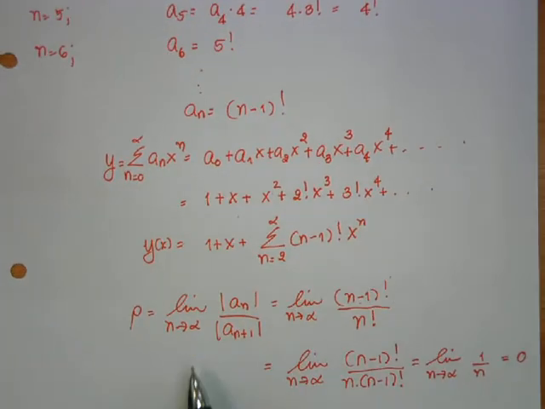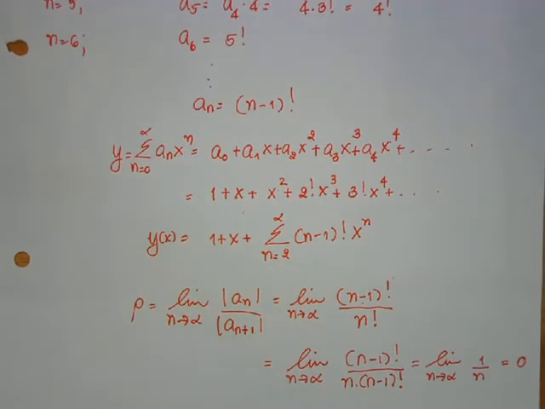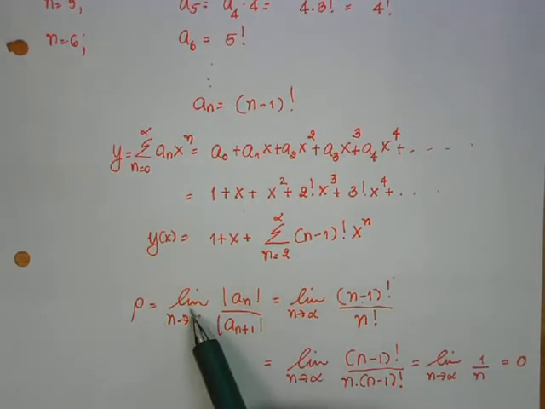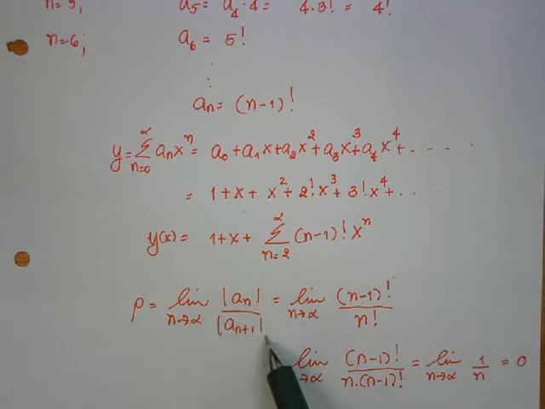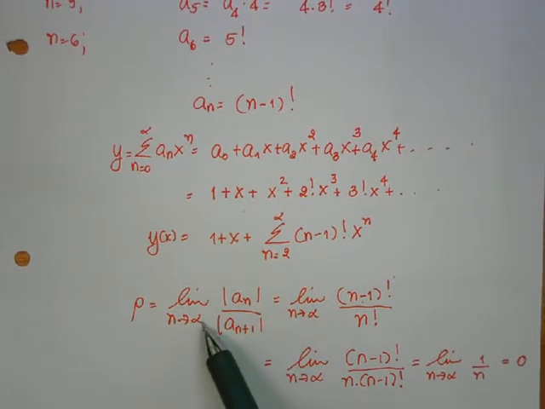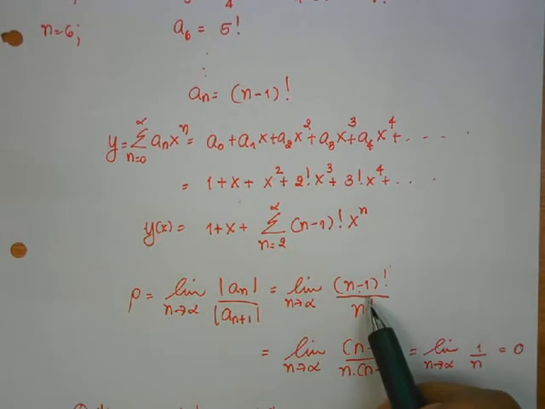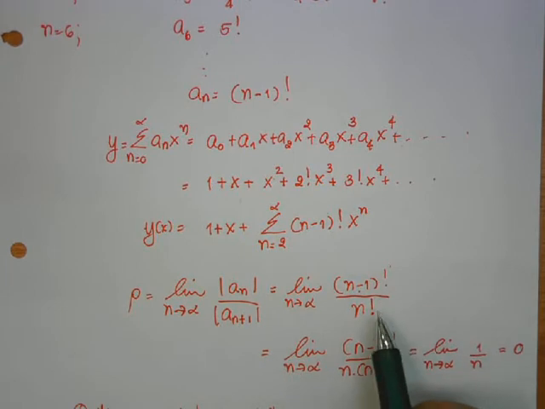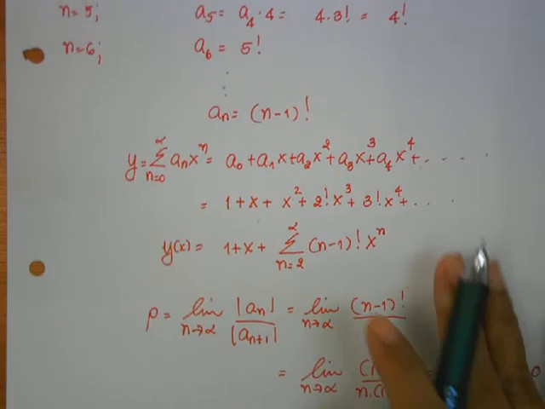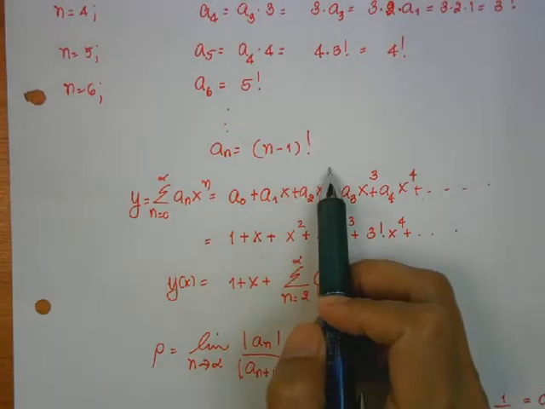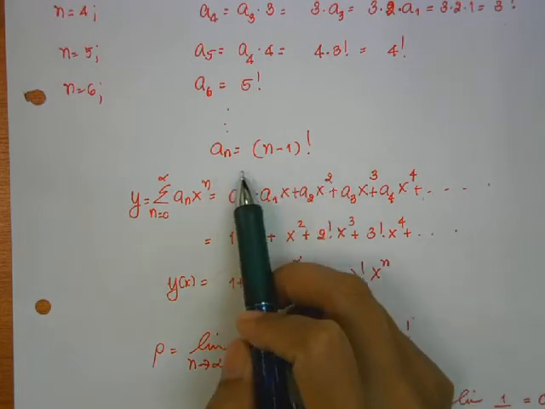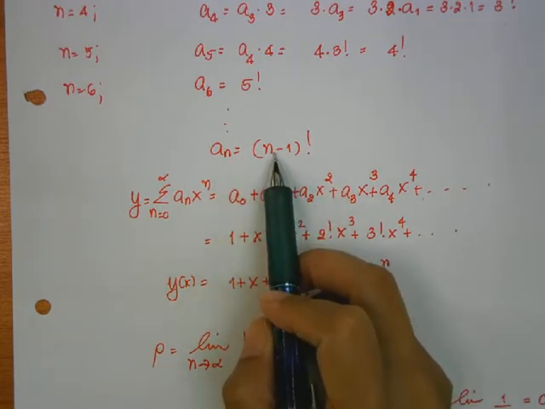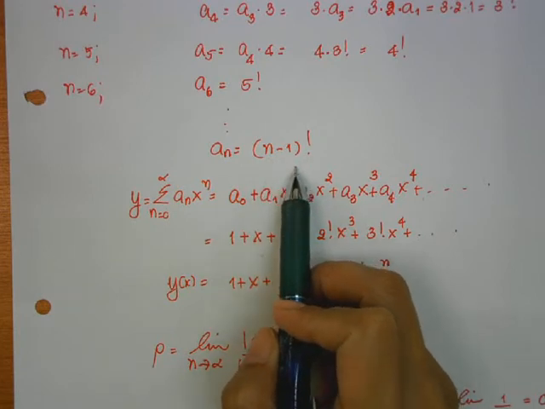So from this, I'm just using the definition of radius of convergence. Note that the ratio is equal to the limit of a_n divided by a_(n+1), n going to infinity. My a_n is equal to n minus 1 factorial, right? Because we proved that already. Therefore, a_(n+1), you put n equal to n plus 1 there, you would get n factorial, right?